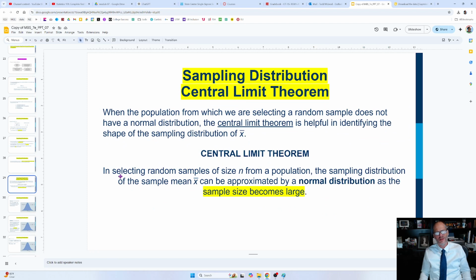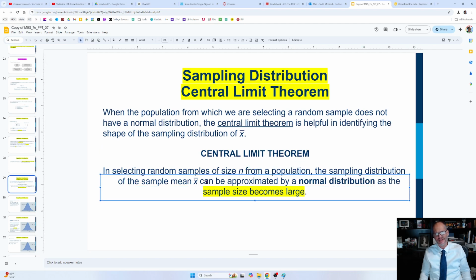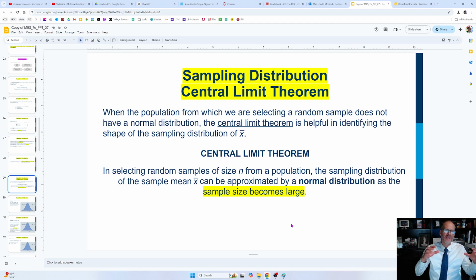The central limit theorem says in selecting random samples of size n from a population, the sampling distribution of the sample mean x bar can be approximated by a normal distribution as the sample size becomes large. So the larger the sample size becomes, the closer we're going to estimate the population mean, the population parameter that we're interested in. And we're going to get a normal distribution for the many different values that our sample mean could take on.